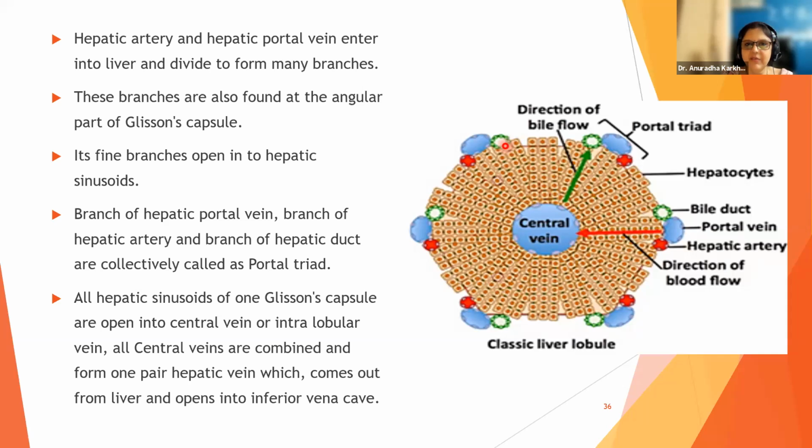Branch of hepatic portal vein, branch of hepatic artery, and branch of hepatic duct are collectively going to be called as portal triad. So look at this. This is your bile duct. That was your hepatic duct. Remember?